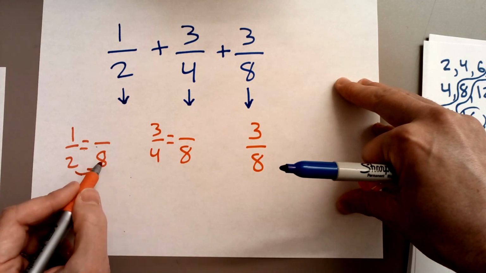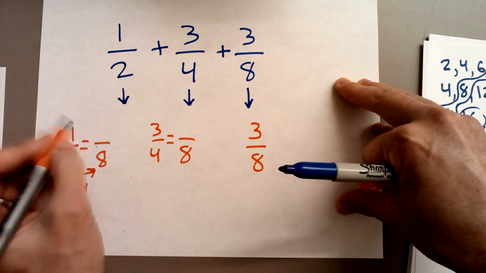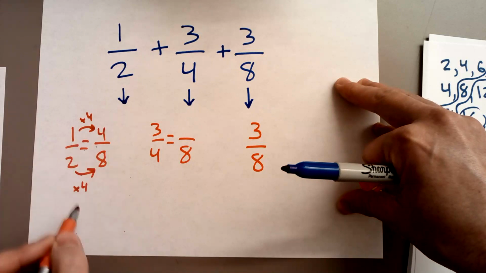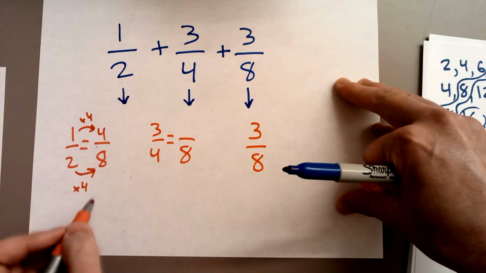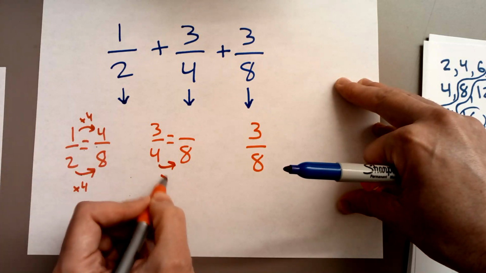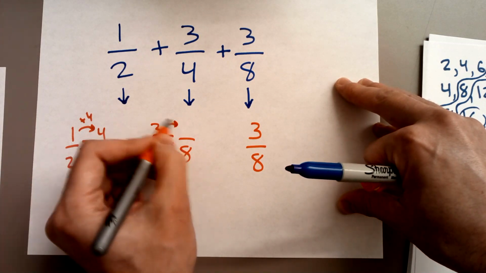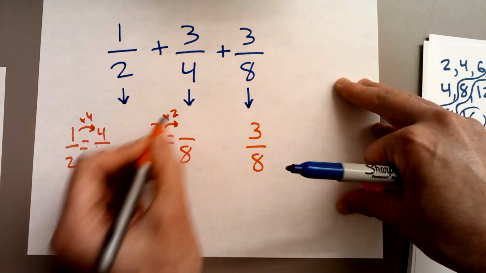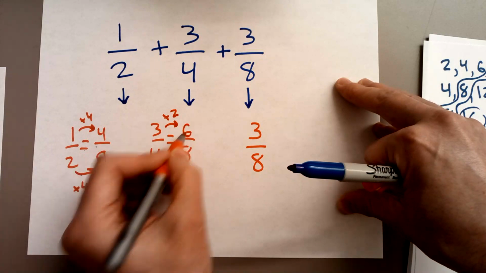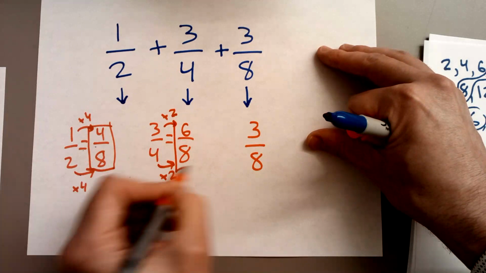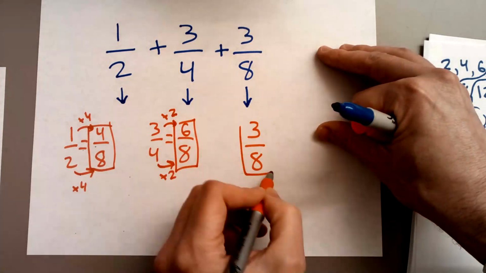That means 8ths are 4 times smaller than halves, so we need 4 times as many pieces to make an equivalent fraction. 1/2 is 4/8. Here, 8ths are 2 times smaller than fourths, so I need 2 times as many pieces to make an equivalent fraction, and 3 times 2 is 6. So my new fractions are 4/8, 6/8, and I didn't need to change this one.